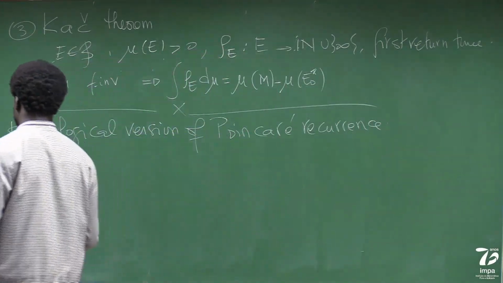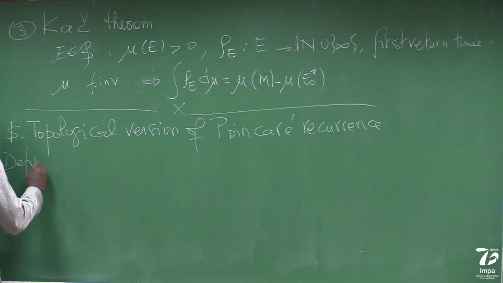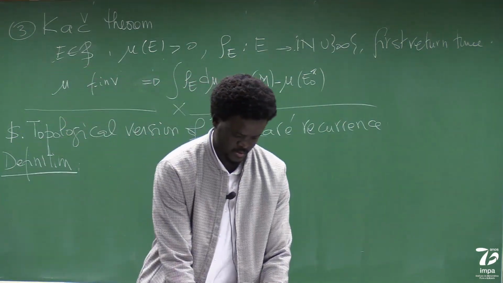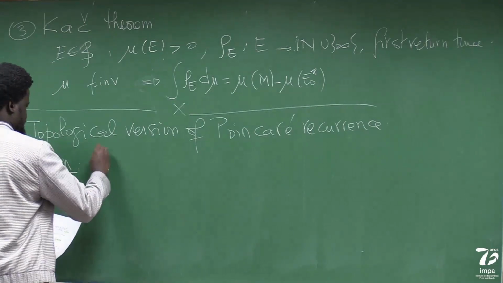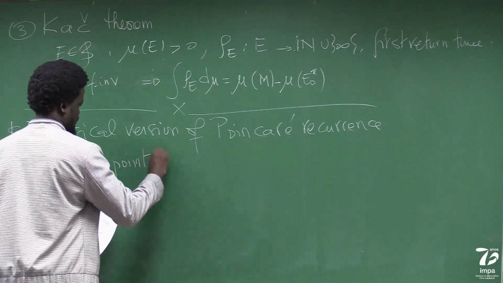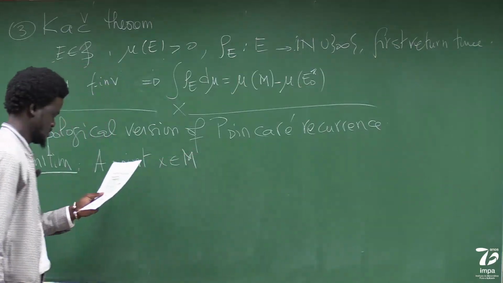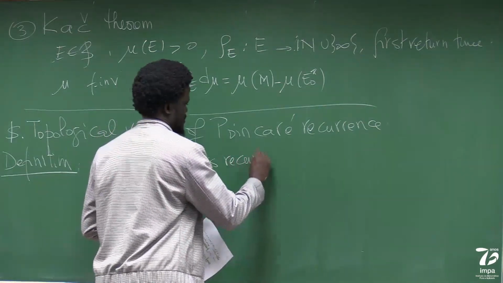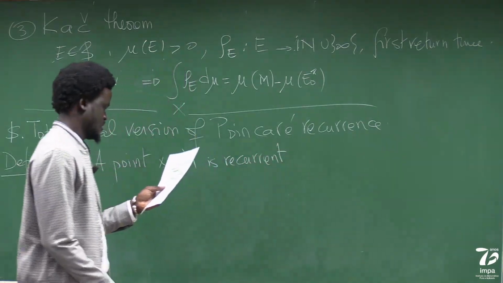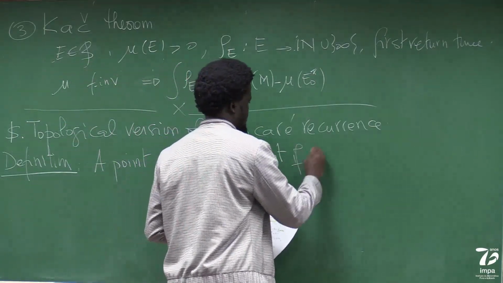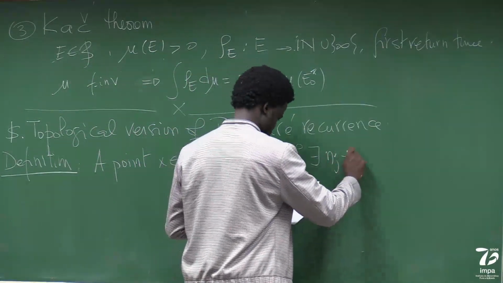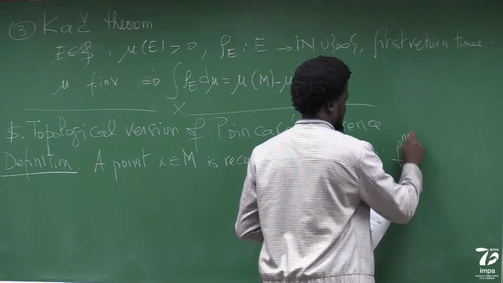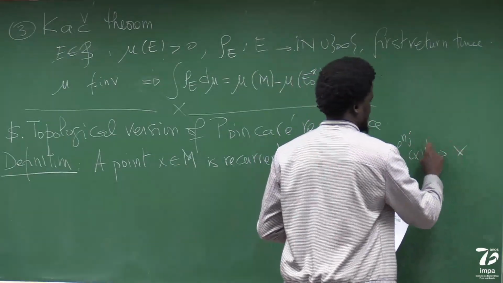So there is a definition of a recurrent point. Definition: a point x in M is recurrent if there exists nj going to infinity such that f nj x is converging to x as j goes to infinity.